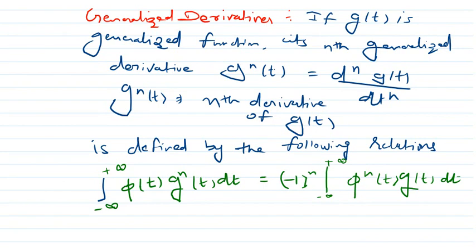So this is basically the generalized derivative of g(t). This is the generalized formula.